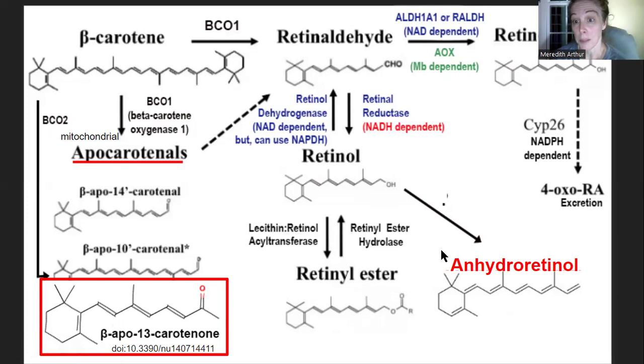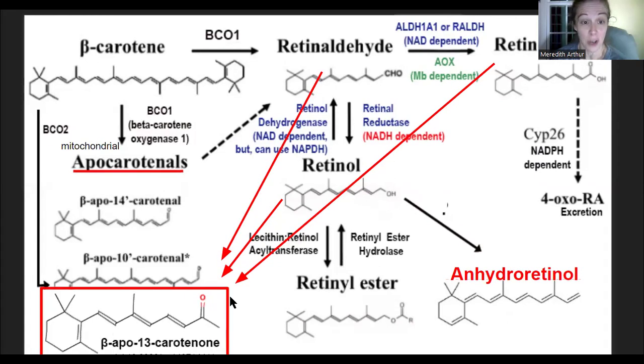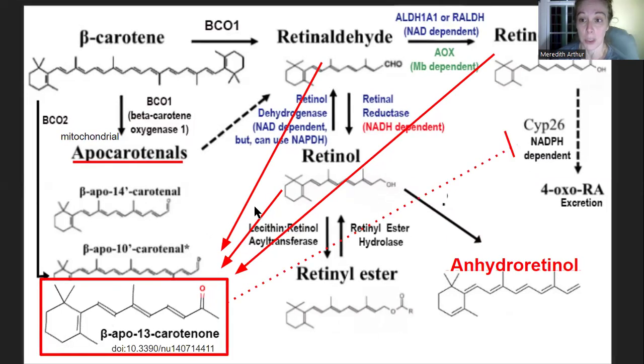So I believe that people who are making anhydroretinol, which causes a pathological activation of pyruvate dehydrogenase complex, end up making beta-apo-13-carotenone because they make reactive oxygen species in a large amount. And you can make this from all-trans retinol, retinal, retinoic acid, and retinol. And the problem with that is that this actually inhibits CYP26.